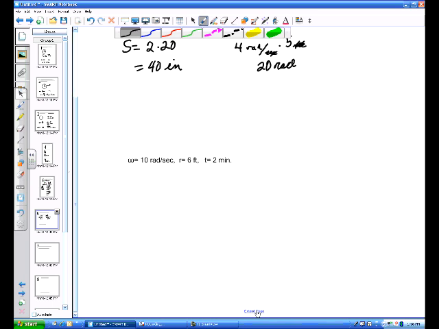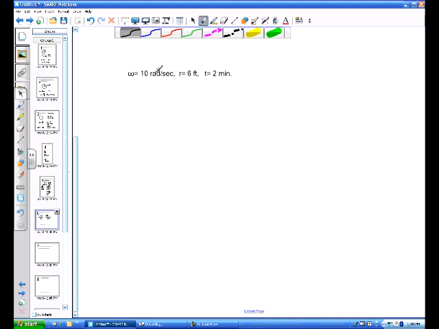If we look at another one like that, it looks like we're almost given the same thing. So again, we're wanting to find S, and I always like to start out with my formulas. S is equal to r theta. And we have the radius, but we don't have theta. We have angular velocity. Angular velocity is equal to theta divided by time.